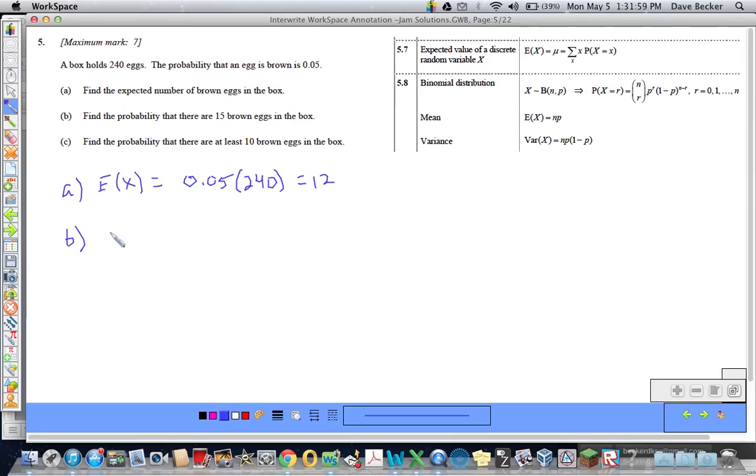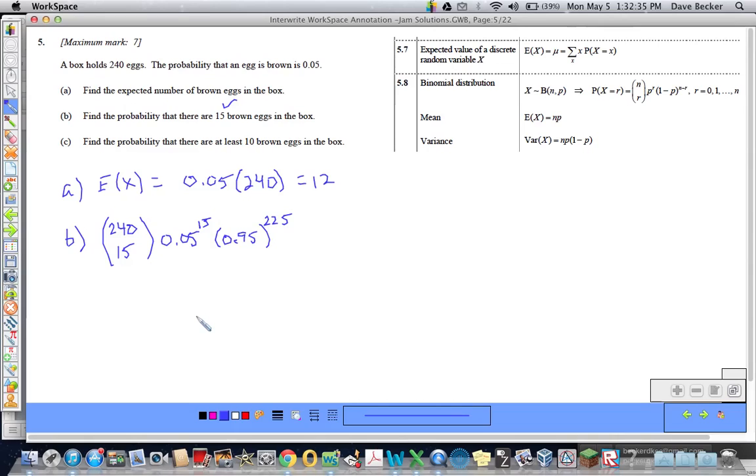We can go n choose r, where n is 240, r is 15, because that's what we're shooting for here, times the probability of success, 0.05 to the 15th, times 1 minus the probability, which would be 0.95 to the 225th, 240 minus 15.